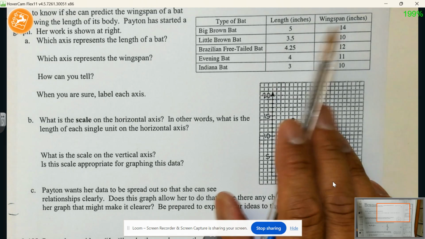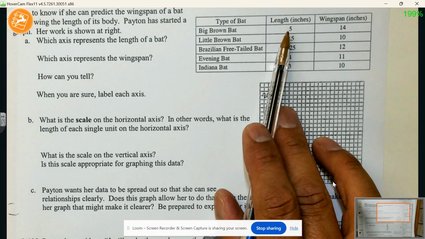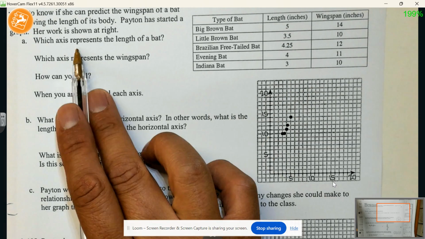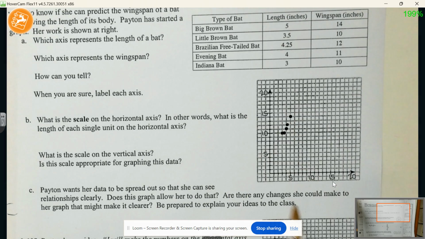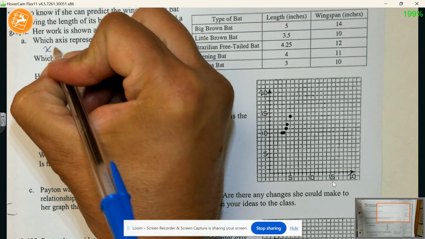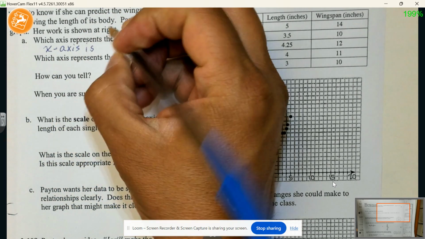Looking at this table, you can see that the wingspan, largest, is 14, and the length is 5. So that means that the length of the bat is represented by the x-axis. The x-axis is the length.